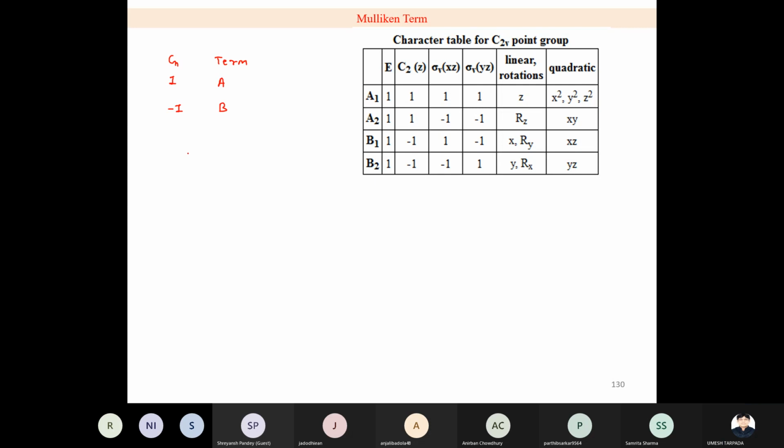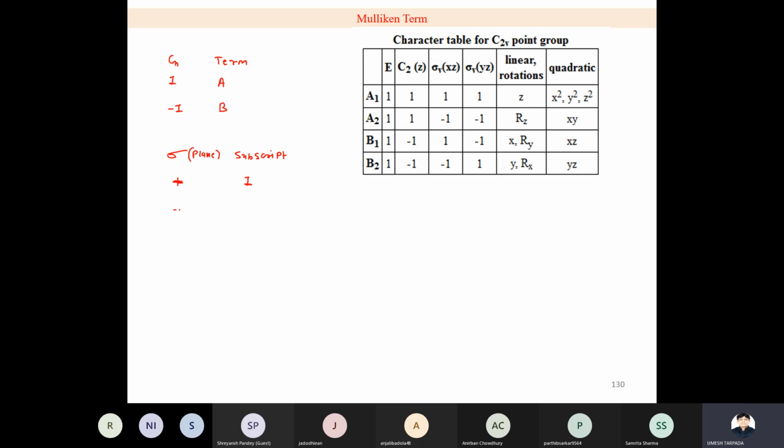Now, after that, you can go for the reflection plane. Suppose the value in the reflection plane is plus, then we use subscript 1.